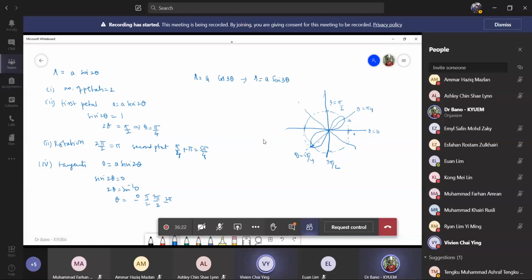We have checked how to draw this, right? You understand what I'm talking about? So you do this working for these graphs and check. That will tell you whether your sketch is correct or not.